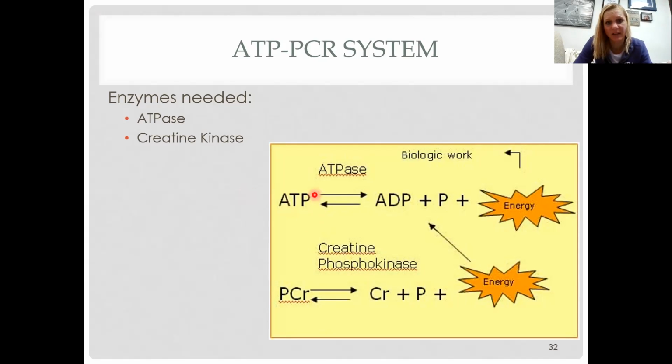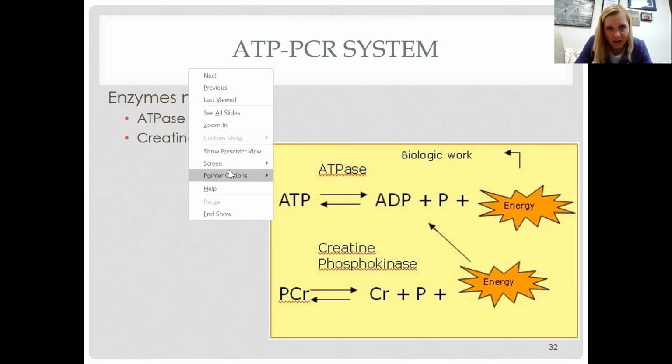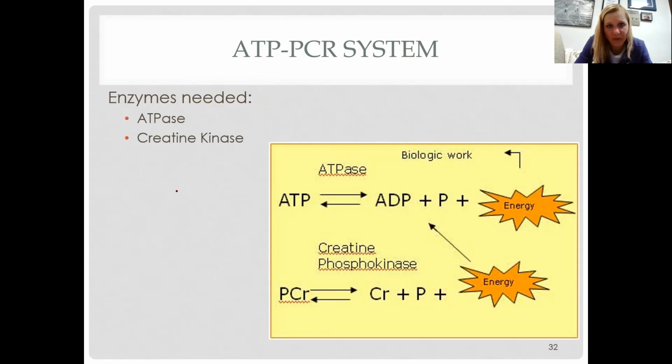So basically, I'm going to take this ATP molecule, and again, I didn't tell you this, but ATP stands for adenosine triphosphate. So basically, I have this adenosine molecule, and then I have 3 phosphate bonds. Tri means 3.